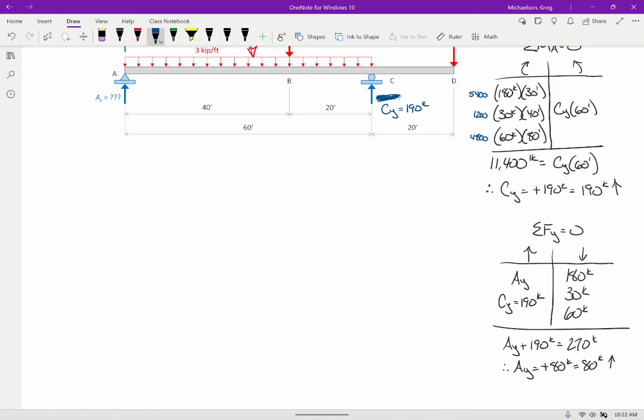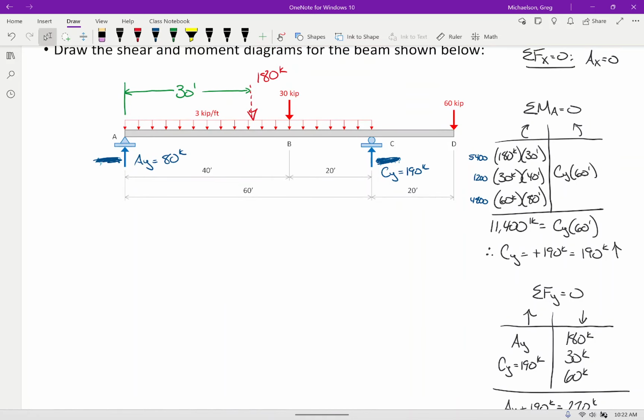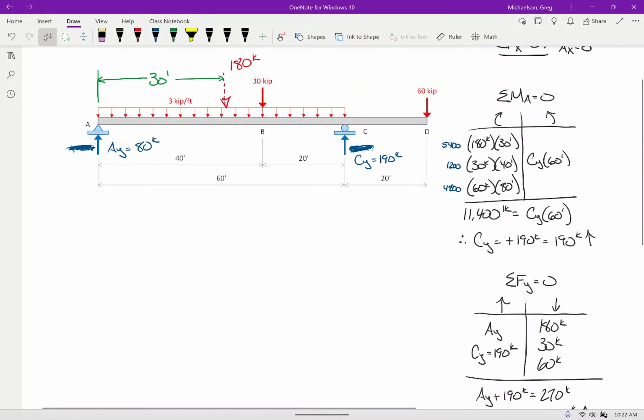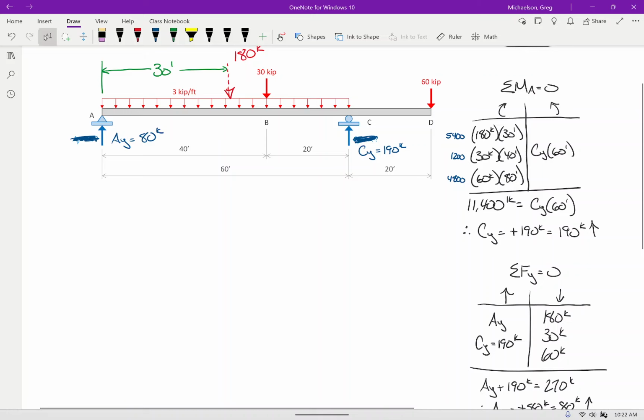And so this is 80 kips. Okay. Let's do that, in case everybody still needs to do some writing.